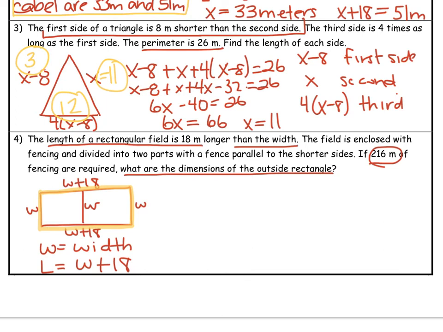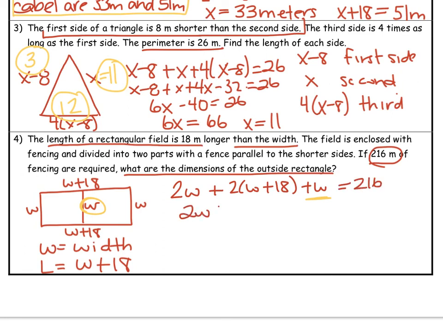So if we add up all the sides of the rectangle, which is 2 times the length plus 2 times the width plus that middle piece, so 2 times the width plus 2 times the length plus that middle piece, so this W right here is this W right here. That total has to be 216.